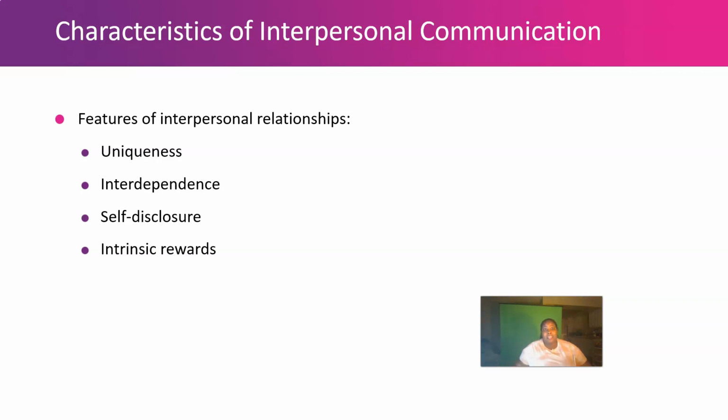Now interpersonal relationships differ from the other interactions you may have with coworkers or someone at the grocery store or maybe some online interactions because you guys have a unique relationship, a stronger bond. You're interdependent, so maybe you guys live together, or maybe you depend on each other for support and structure.